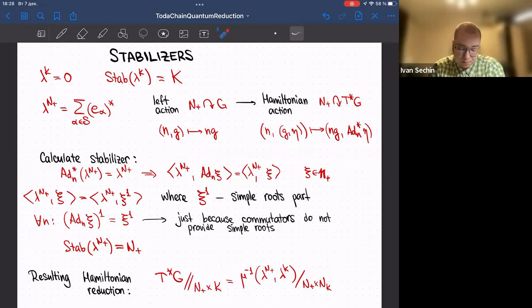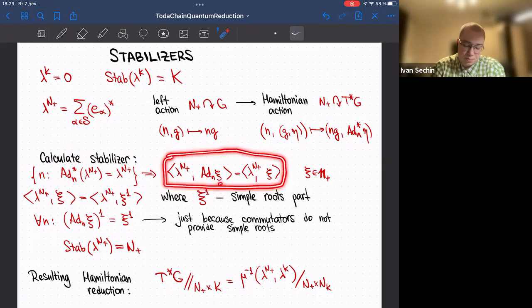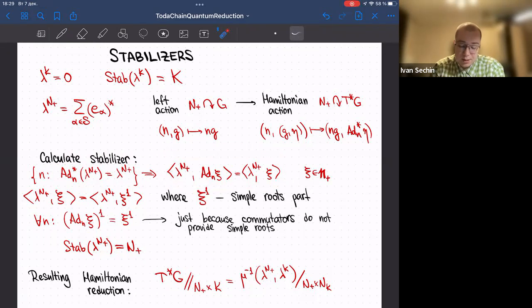And now we want to calculate a stabilizer. What is a stabilizer? All n's, and for these n's, we want not to change this momentum value. And it can be rewritten by this action on psi in n plus.